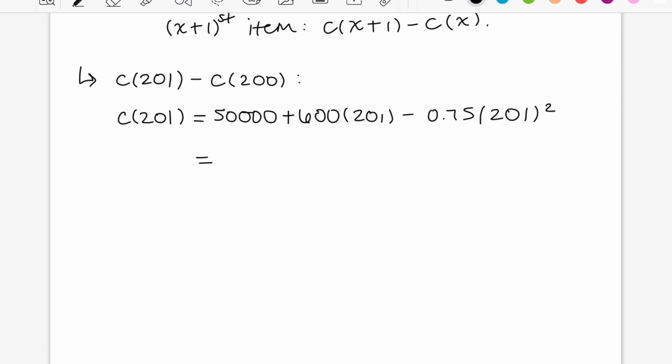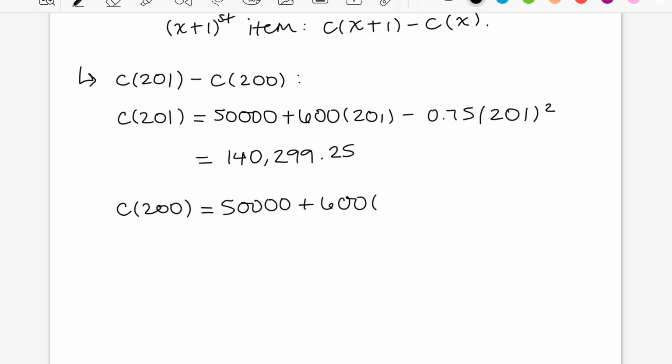All right, then squaring this, multiplying by this, and taking the total there, we get 140,299.25. And then doing the same thing where X is now equal to 200, so plugging it into our equation.